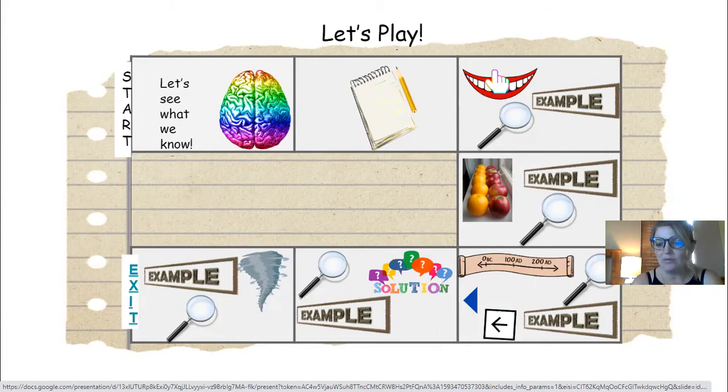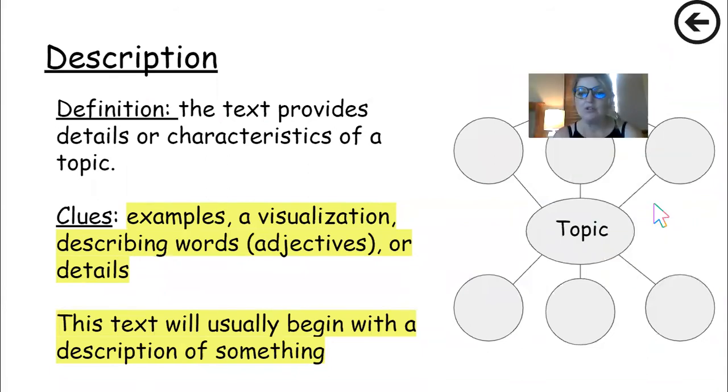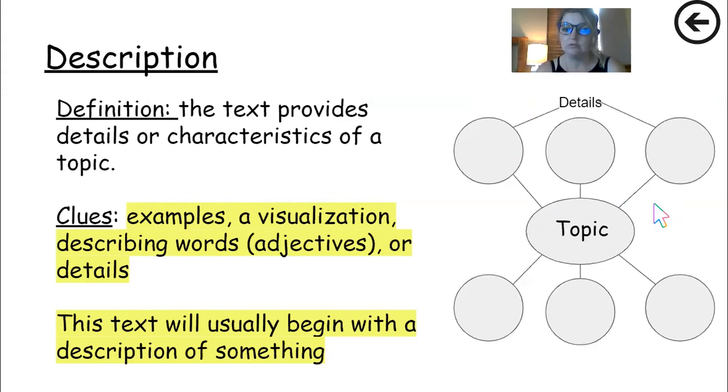What would a mouth be talking about right here? Let's see. So this is our first kind of text structure, our first type. So this is the description, okay? Description text, informative text. The definition is the text provides details or characteristics of a topic, okay?